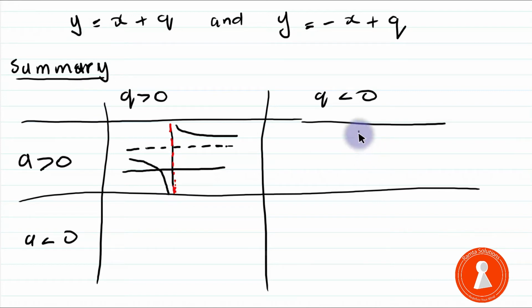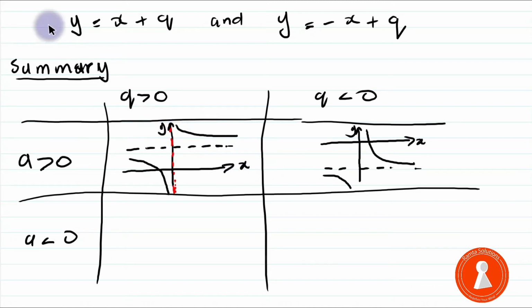Now, when Q is negative, let's look at it. You will have something like this and then something like this. Of course, this is x, this is y. Let me put it here as well, x, y. Do not forget, okay? Can you see that?